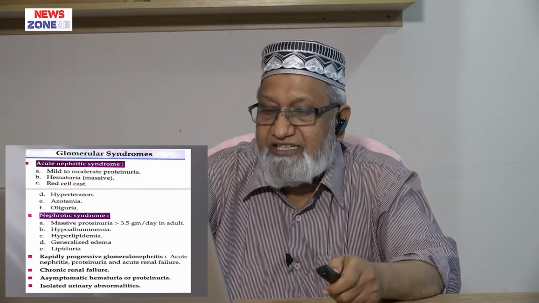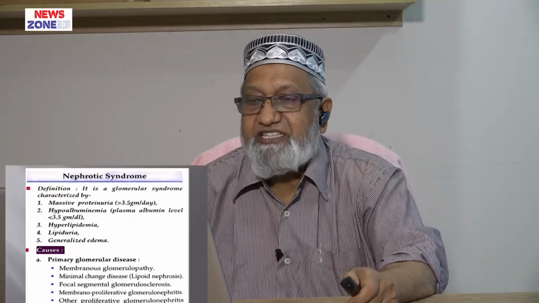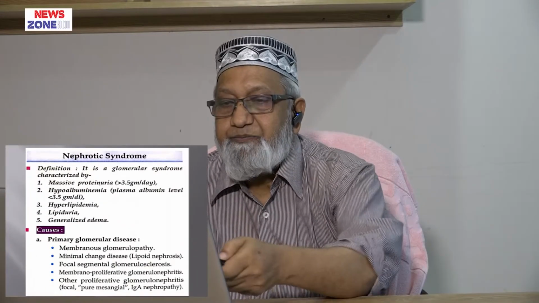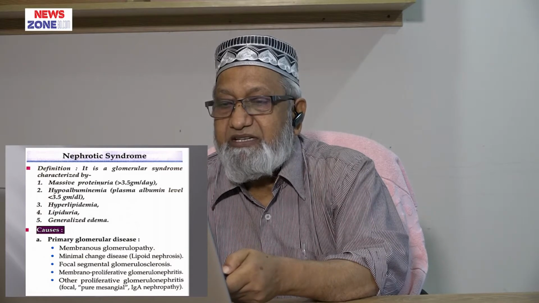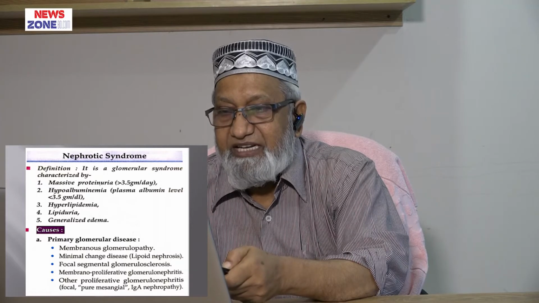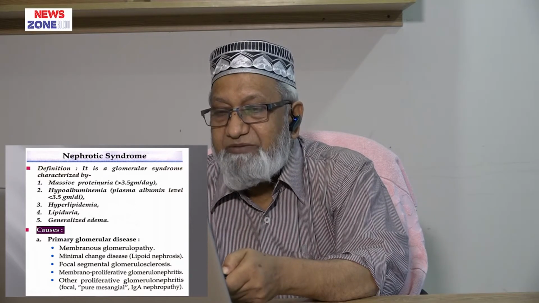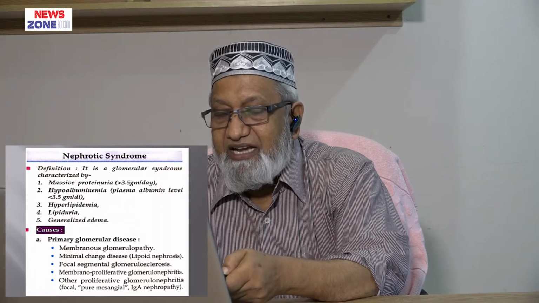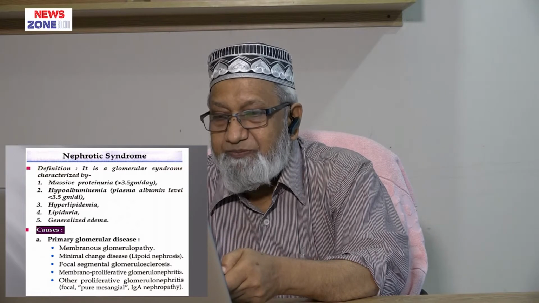and isolated urinary abnormalities. So, nephrotic syndrome can be characterized again by massive proteinuria, hyperlipidemia, lipiduria, generalized edema. I am telling you several times about nephrotic syndrome because invariably you will be asked either about nephrotic syndrome or acute nephritic syndrome.